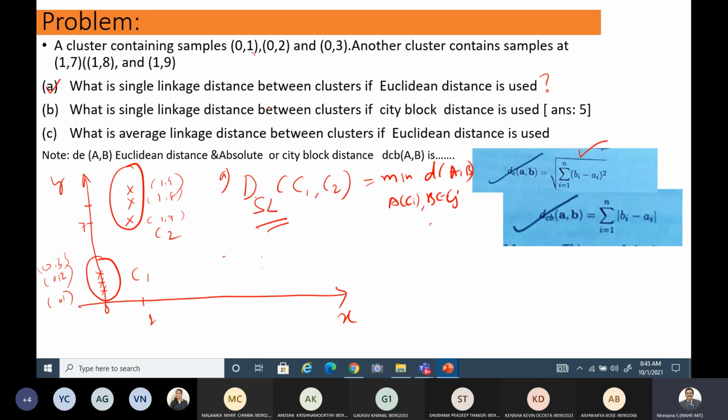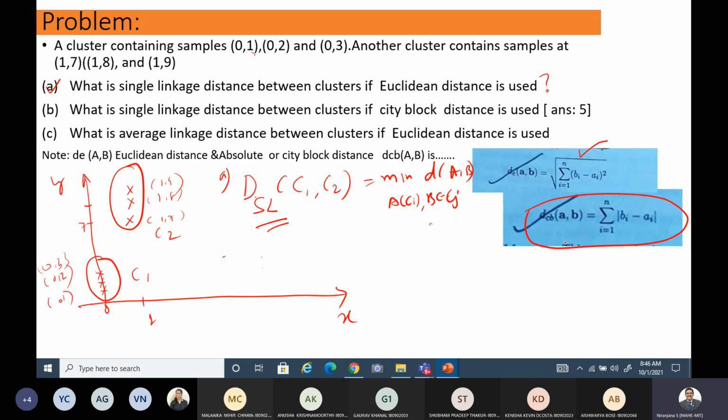I just gave a hint. Okay, the second one, we will work with the second one. What is the single linkage distance? They're asking once again D_SL between two clusters, if city block distance is used. I have told earlier what city block distance is. We have not used it in any problem.